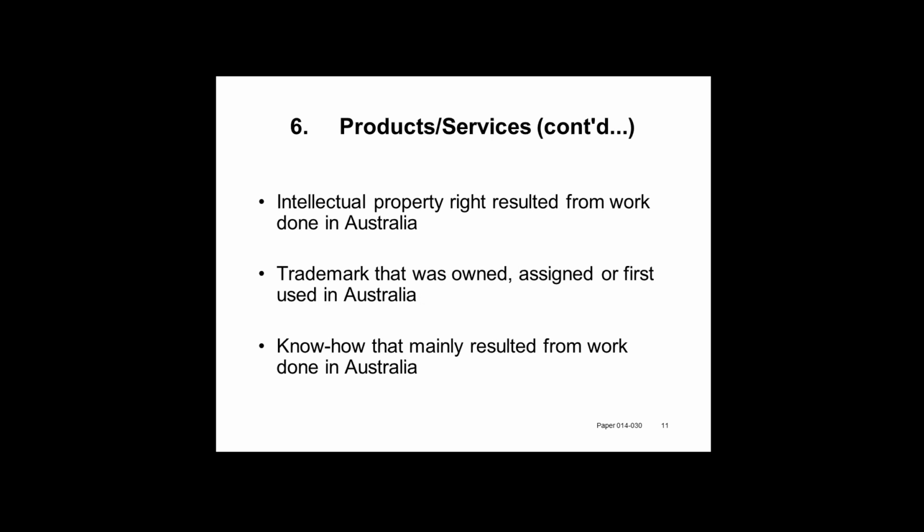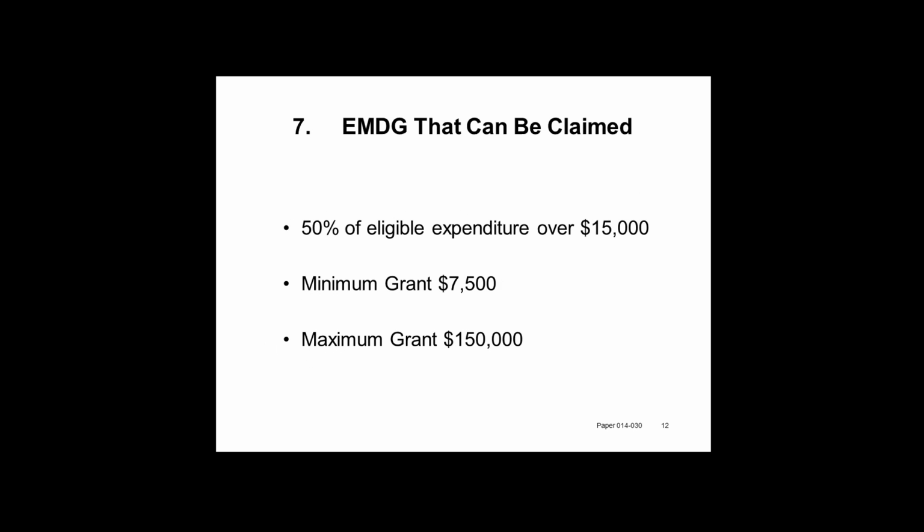Intellectual property work from work done in Australia, trademarks that were owned or assigned, and know-how that mainly resulted from work done in Australia. So these are the products or services that can be legitimately claimed.